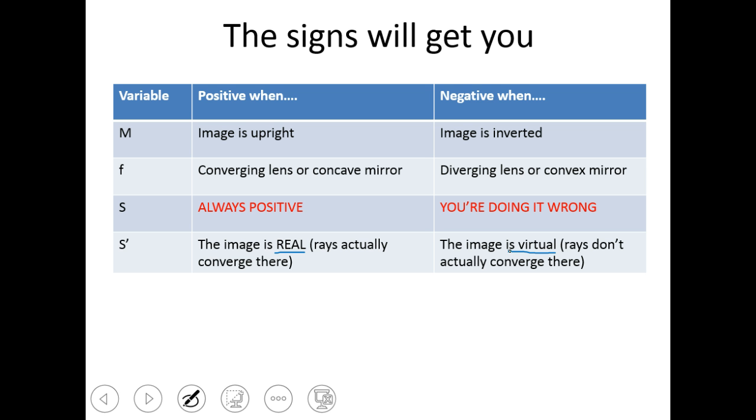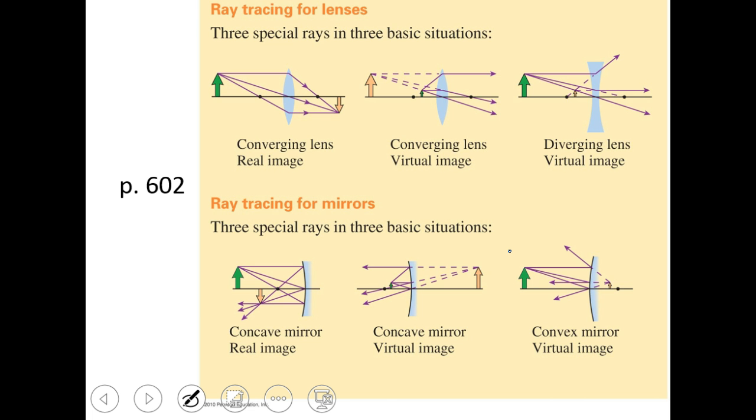And if you're having trouble with this whole real and virtual image or upright and inverted image, on page 602 in your book, they have a little summary of all of the situations that we went through in the last lecture. And so by using this, you know that if you've got a converging lens and the object is outside of the focal point, then you are going to get a real image, and then up here I can tell you not only is it real, but it's inverted, right?